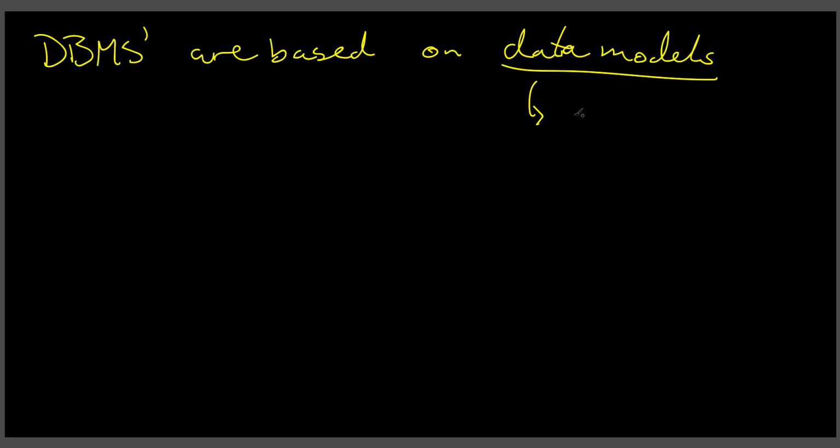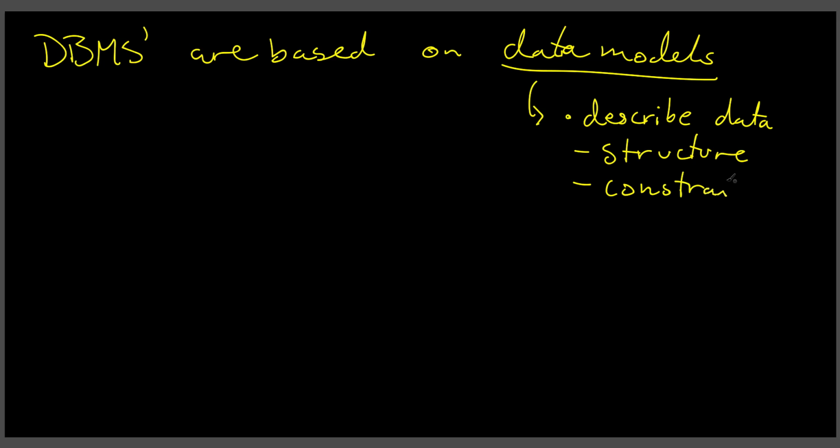So these data models describe data, and specifically they talk about the structure of the data, the constraints upon that data, and also some of the operations we can perform on that data. And that's what these data models are all about.